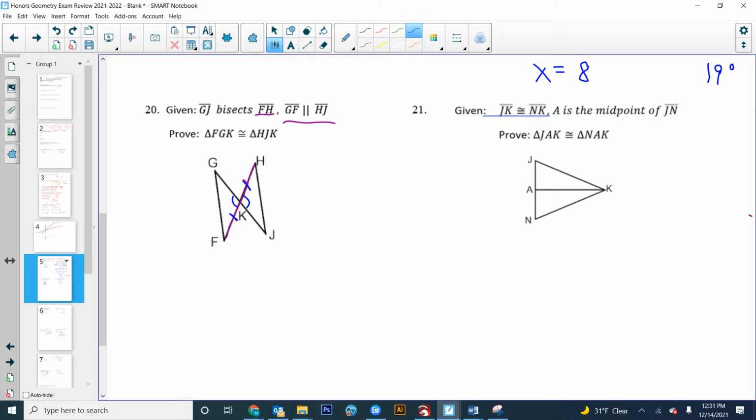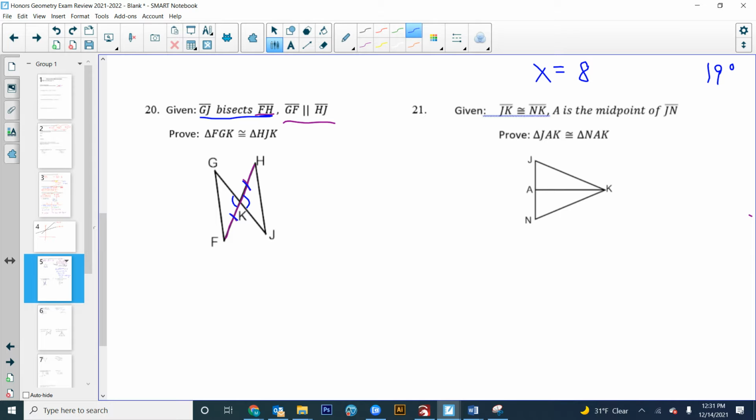Are we doing better now with what's SAS and what's AAS and ASA? How to identify it? Okay. Ask me if you're not sure. All right, what happens when you bisect a segment? If you bisect a segment, you get two congruent segments. Check your work. If you put two angles are congruent because of a segment bisector, we got some issues.